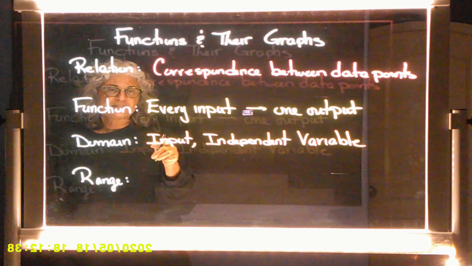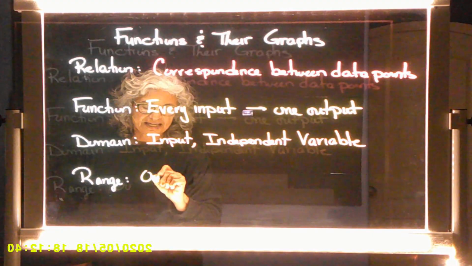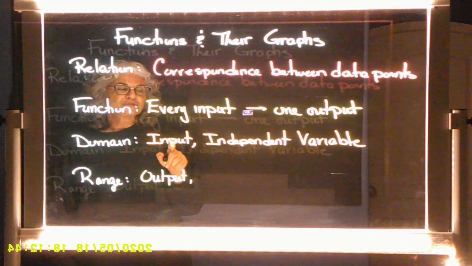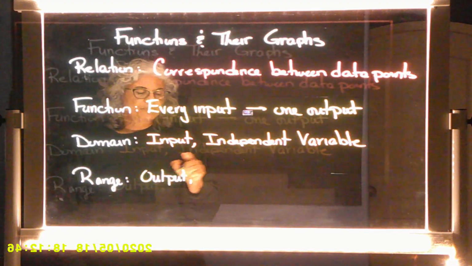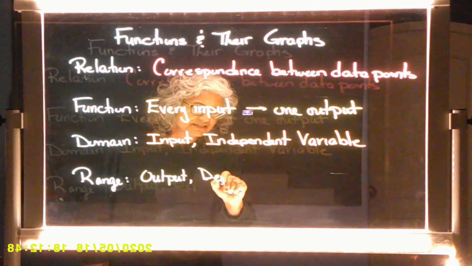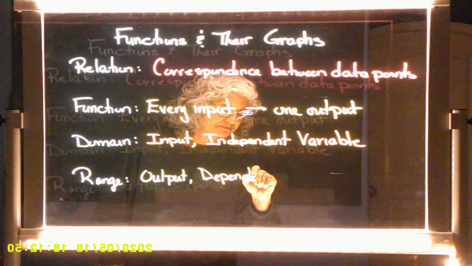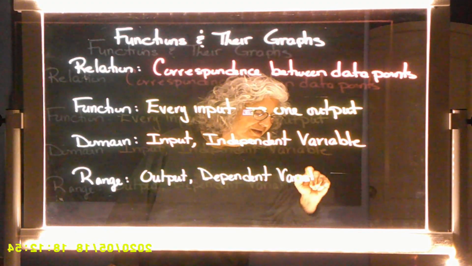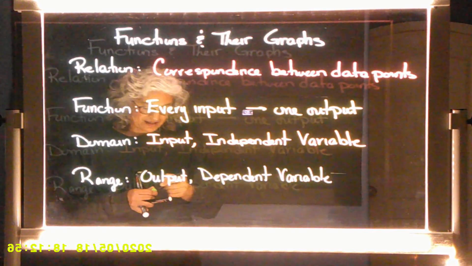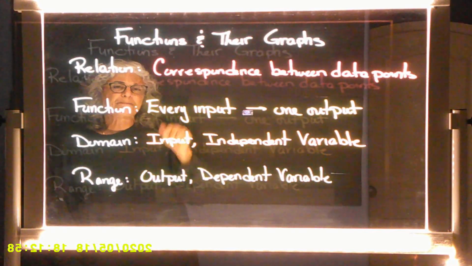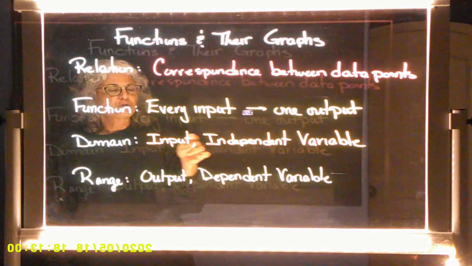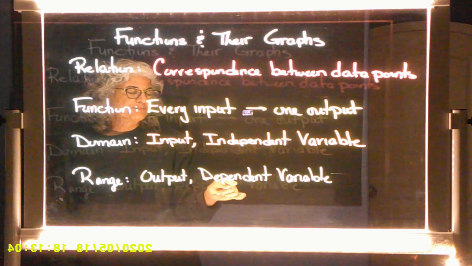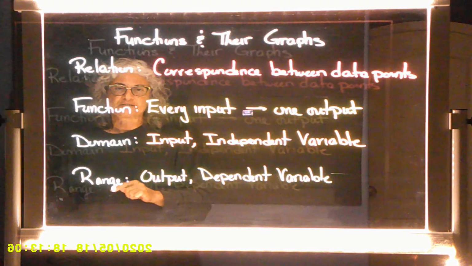So if the domain is the input, the range is the output. And also, the range would be considered the dependent variable, because the output depends on what you input. Again, the output depends on what you input.